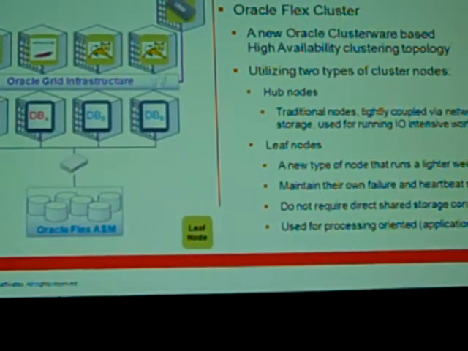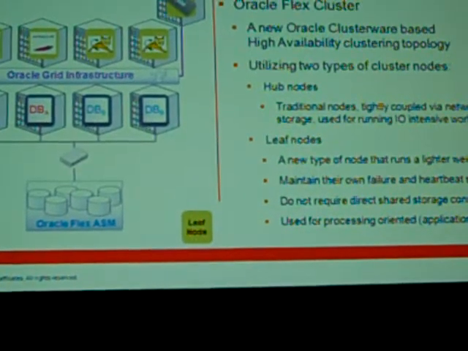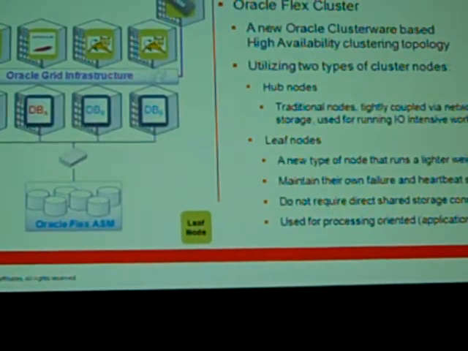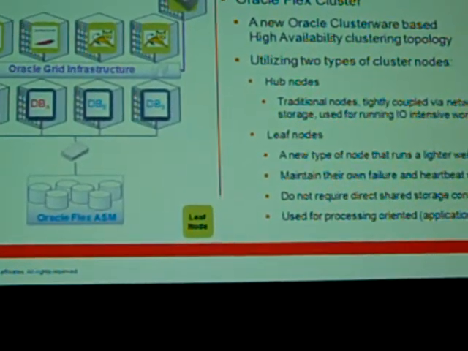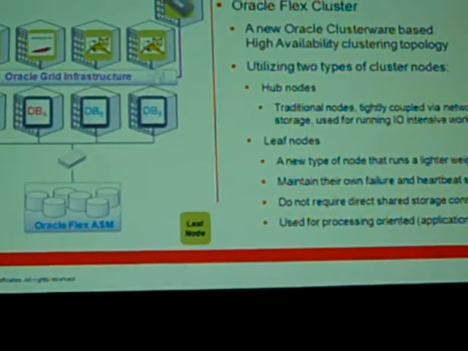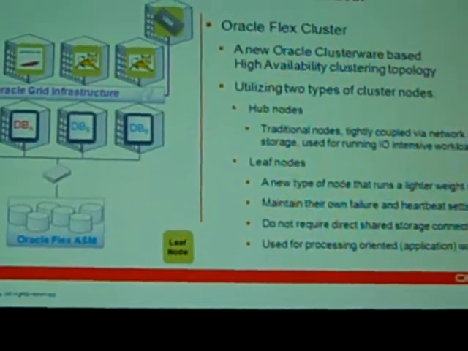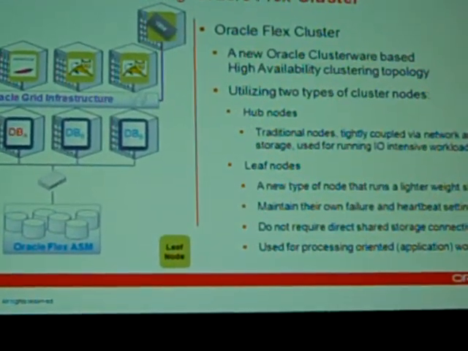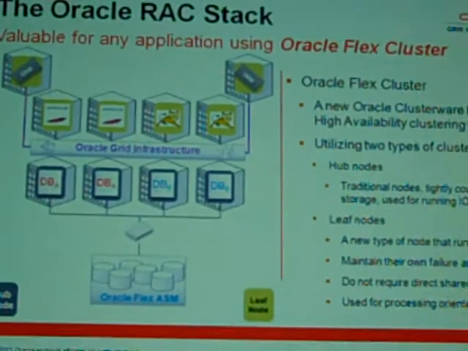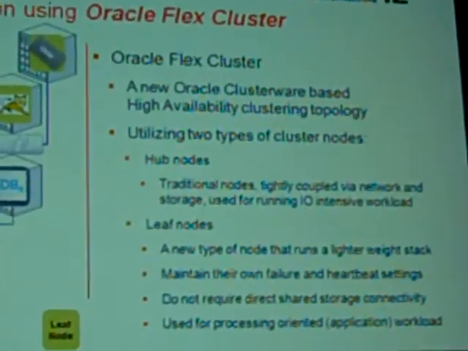Essentially, it's assigning role nodes in a clustered environment where the application is referred to as a leaf node, which is loosely coupled and doesn't have the requirements expected of a database node or a hub node. So in this two-tiered environment, the hub node is your traditional cluster, tightly coupled in terms of communication and the requirements of shared storage to preserve the consistency model of a RAC database.